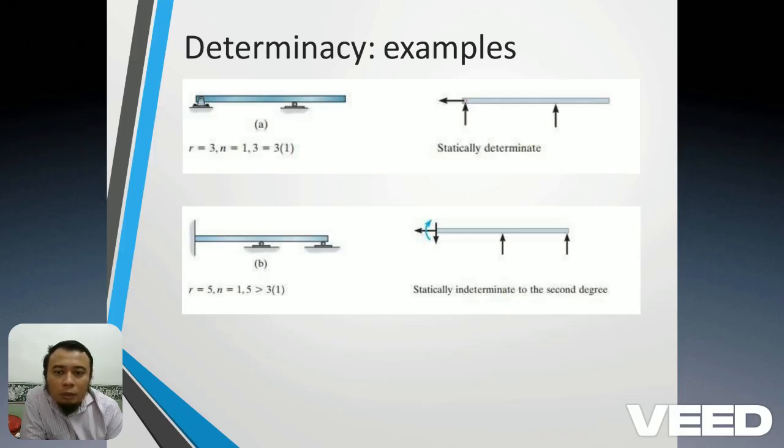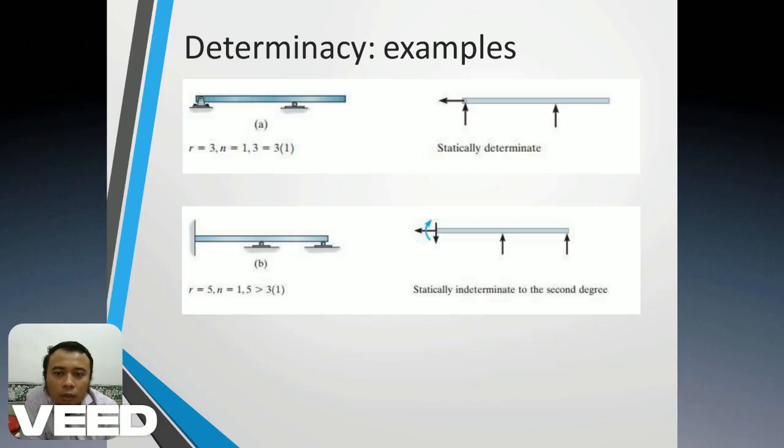N is the number of members, so it's a single beam with a cantilever beyond the roller support. So N is equal to 1, and R equals 3 times N, which is 3 equals 3 times 1. So it is a determinate structure. Basically, you can evaluate the value of the reactions at the supports, as you can see in the force diagram at the right.